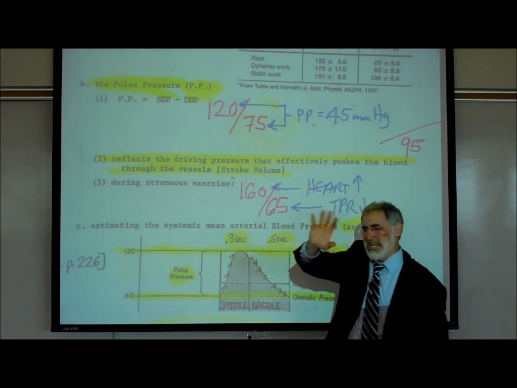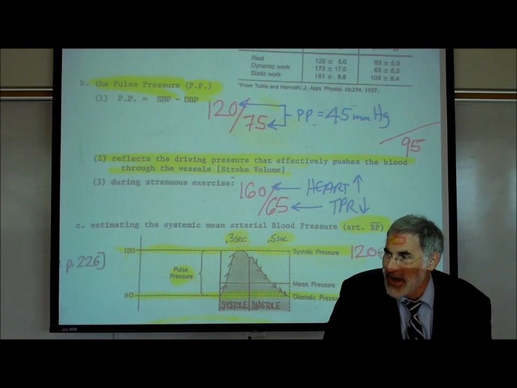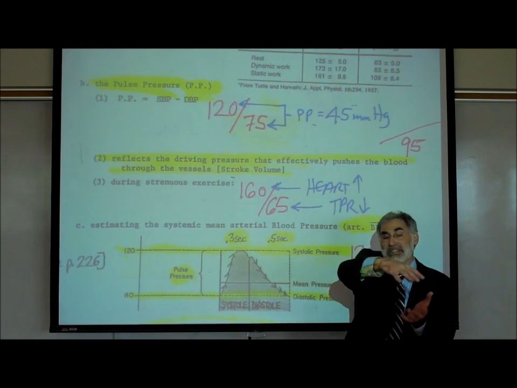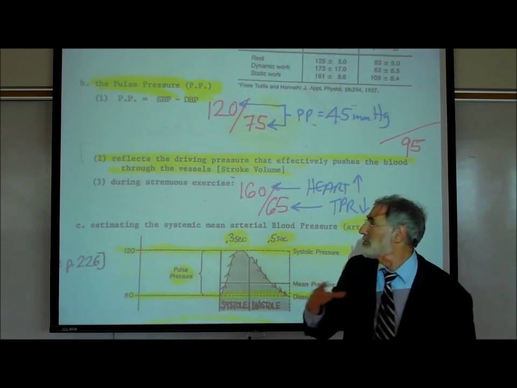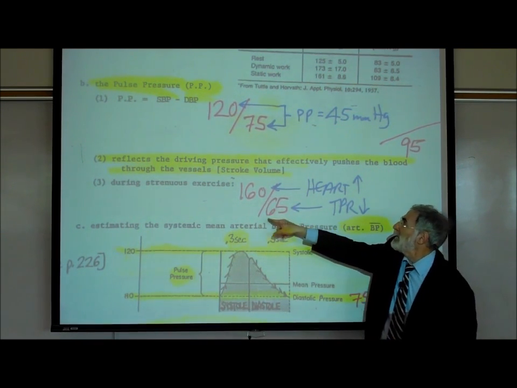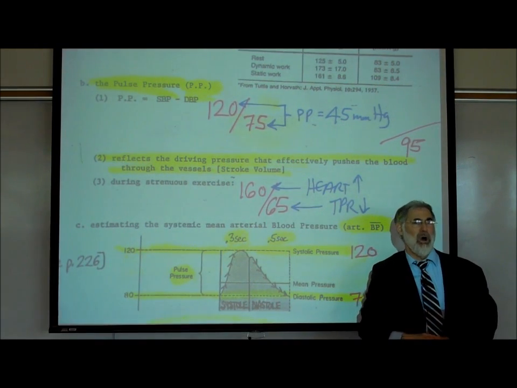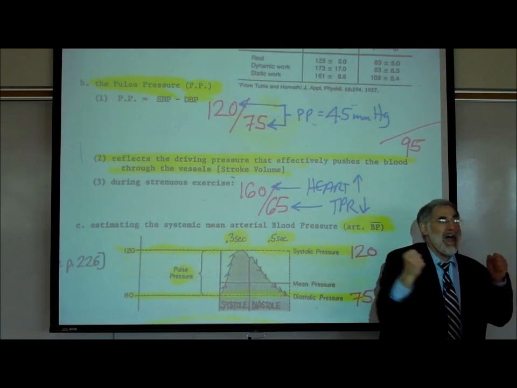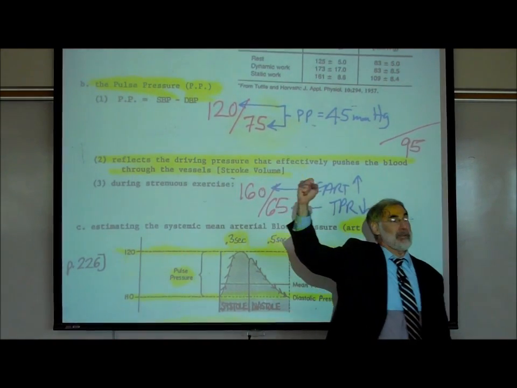But the main point I'd like to make is when you measure somebody's blood pressures during exercise, the way they express it is they'll call it a widening of the pulse pressure. It becomes bigger. Can everybody see here if the systolic increased to 160? You'd say, why? Because your heart contracts more powerfully during exercise.